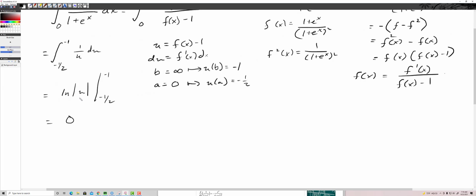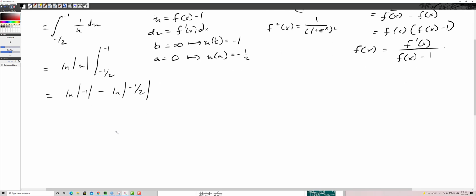So here we have 0, right? Because ln of 1. Maybe I should write this whole thing out. To have ln of 1 minus ln of minus 1 half. I could have made a substitution to make these all positive, and kind of thinking maybe I should, but that's okay.